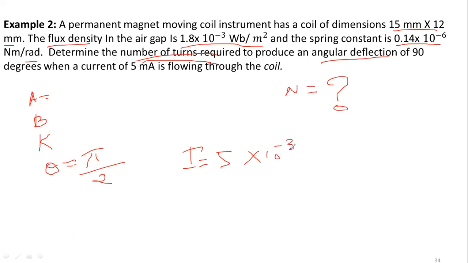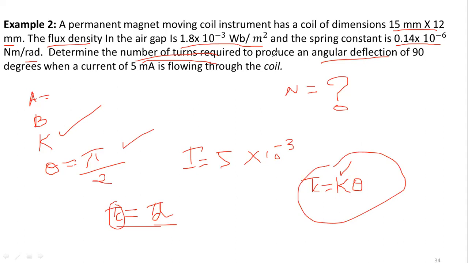So we know the formula TC equal to K theta, and TC equal to TD. Just use this formula. Do you know the value of TC? Not given, but TC equal to K theta. K is given and theta is given, so calculate TC first.